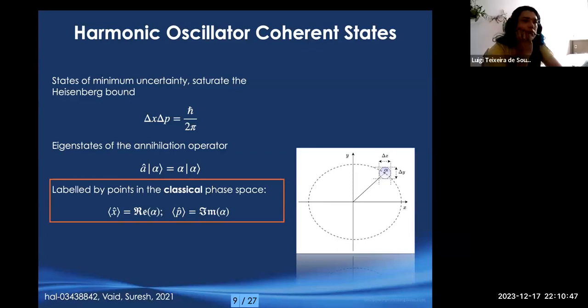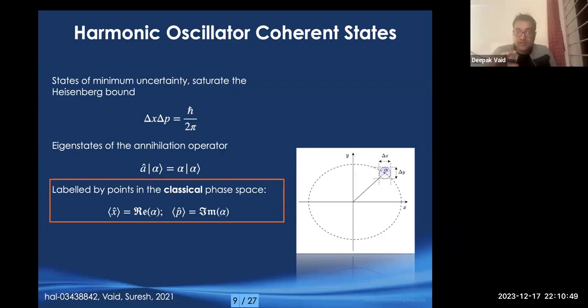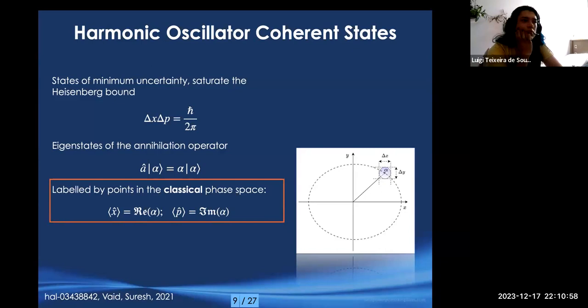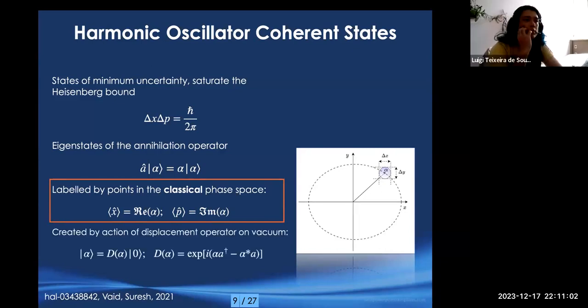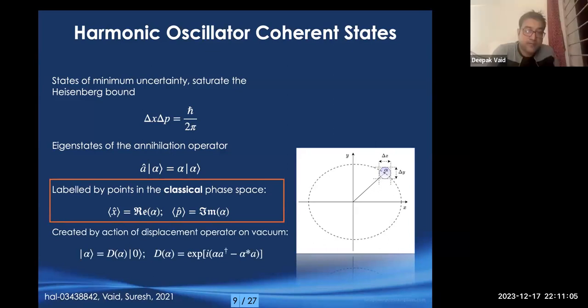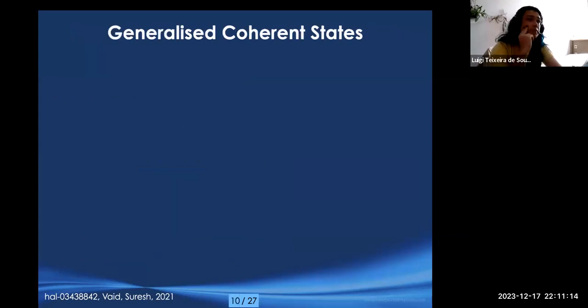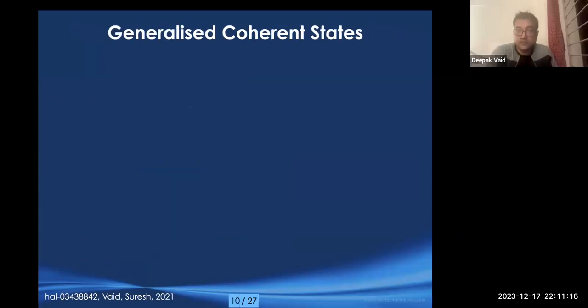So these are the classical or semi-classical states. But this is for a single harmonic oscillator. Now, we have many systems in nature, so we want to construct some way of generalizing this to arbitrary systems, like many body states.